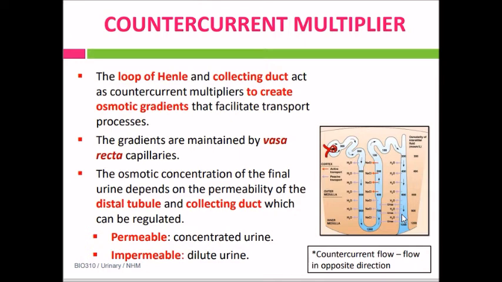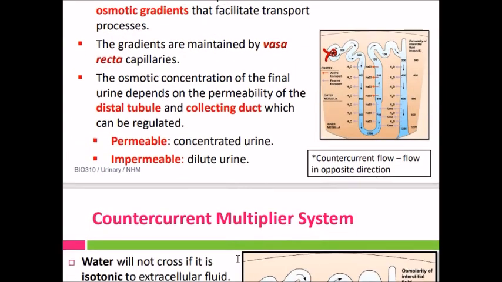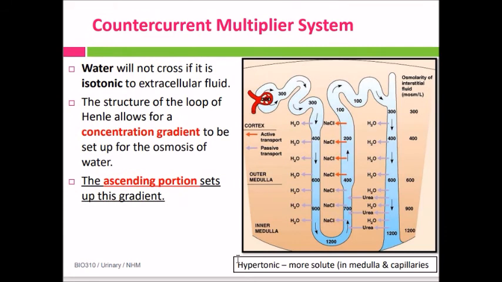If the lumen of the nephron is permeable, it will produce concentrated urine. If it is impermeable, it will produce dilute urine. And water will not cross if it is isotonic to the extracellular fluid.